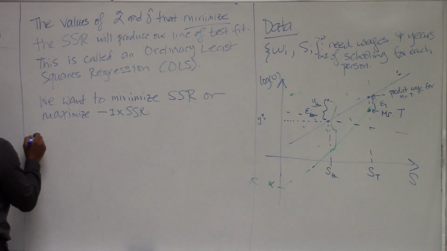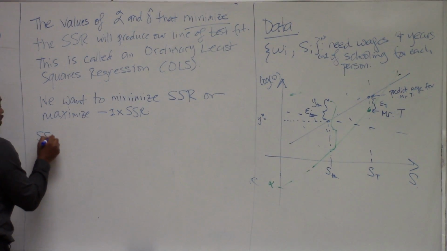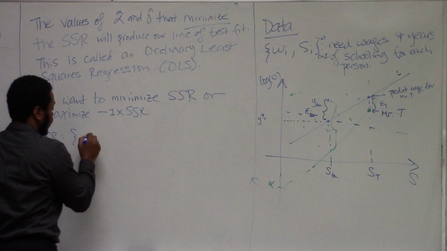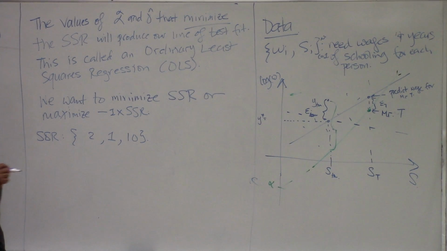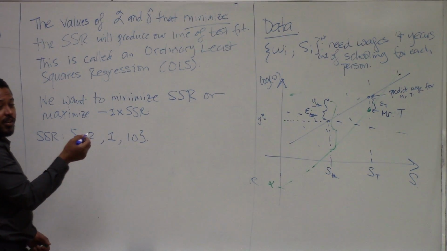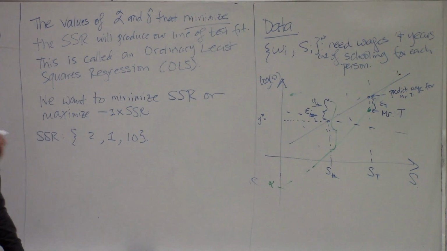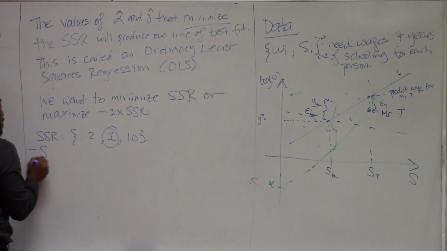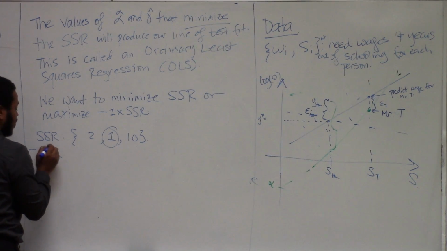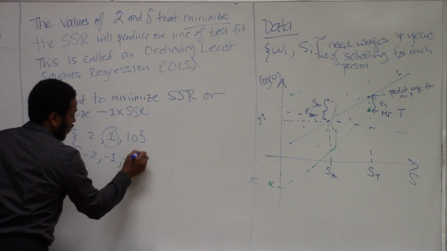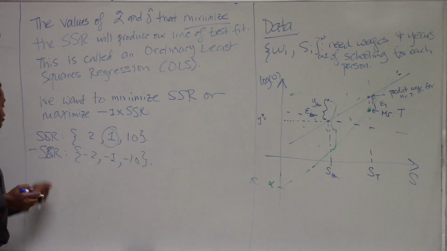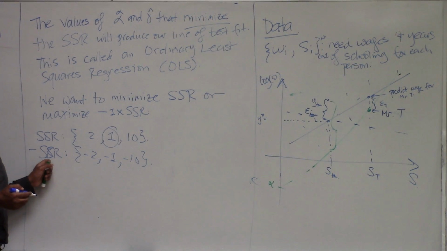For example, let's say we have SSR values that are 2, 1, and 10. Which one is the minimum? These correspond to different alphas and gammas. 1 will be the minimum. Now let's look at minus SSR: minus 2, minus 1, minus 10. Which one gives us the maximum of minus SSR?